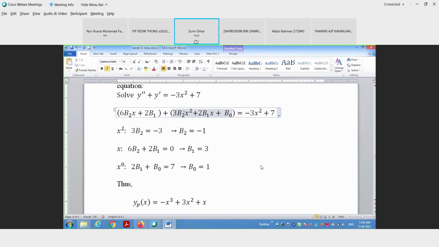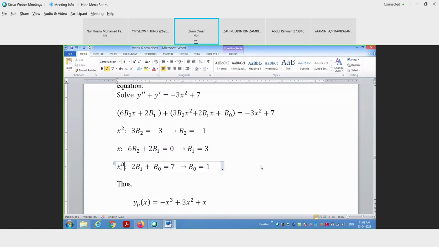That's why we call this method undetermined coefficients, because we need to determine the coefficients B0, B1, and B2. In order to determine them, we need to compare the coefficients on the right and on the left. So we compare the coefficient of x squared, the coefficient of x, and also the constant.